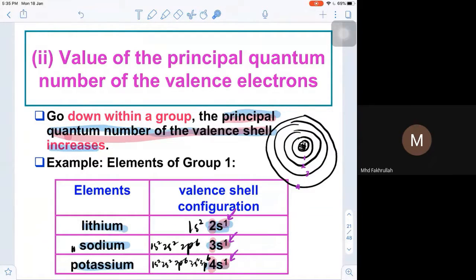So the weaker the attraction, the bigger the size. Okay, but why does it have a weaker attraction and bigger size? Because of the value of the principal quantum number of the valence electron that is increasing going down a group. Okay, that's how you explain the trend in the atomic size.